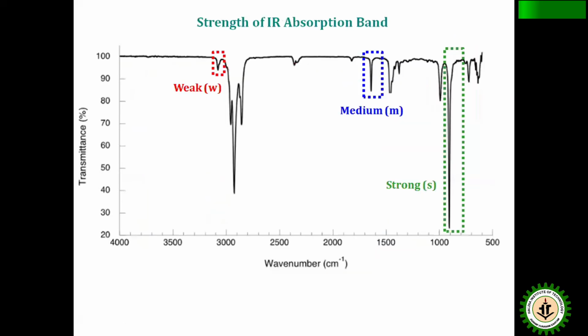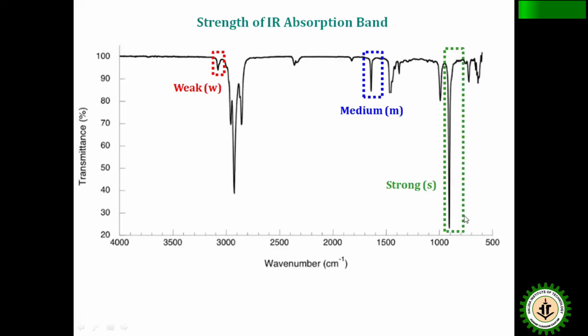Now, I will discuss how any absorption band looks like, that is, what is the particular height and width of an IR absorption band. As shown here, an IR absorption band could be much stronger, or with medium height, or could be much weaker. The intensity could vary.